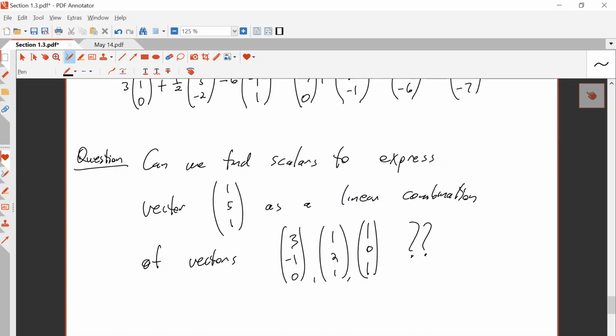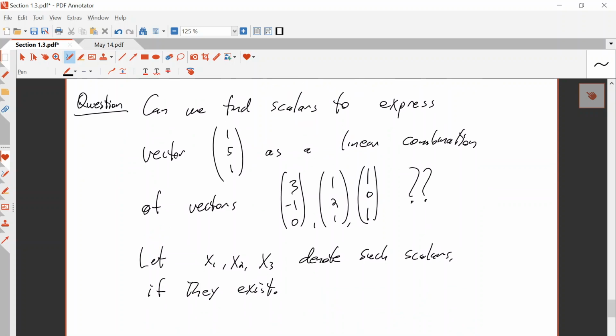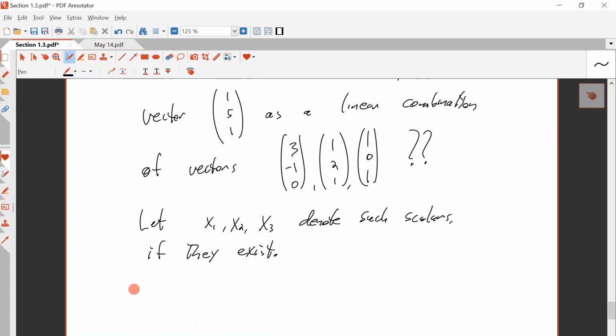Okay, so let x1, x2, x3 denote such scalars, if they exist. Let's try to answer that question. We want to express (1, 5, 1) as a linear combination of these three vectors with three scalars, which are unknown at this point. We don't even know if they exist.